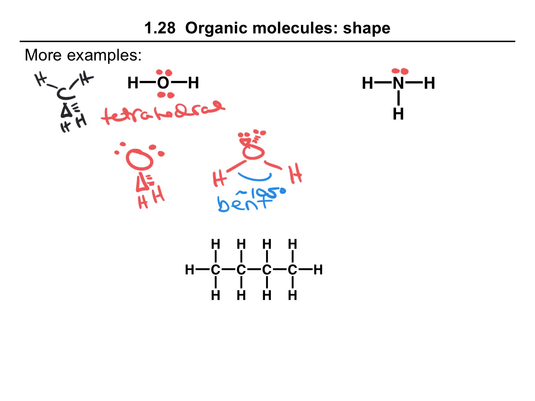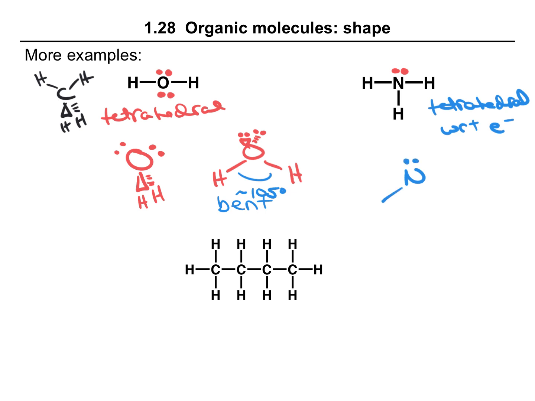Next, if we look at ammonia, NH3, once again, we have 4 electron groups: hydrogen, hydrogen, hydrogen, and a lone pair. So this will be tetrahedral with respect to electrons. But if we try to draw this, let's say we have our nitrogen here, and then going straight up in the plane is our lone pair.